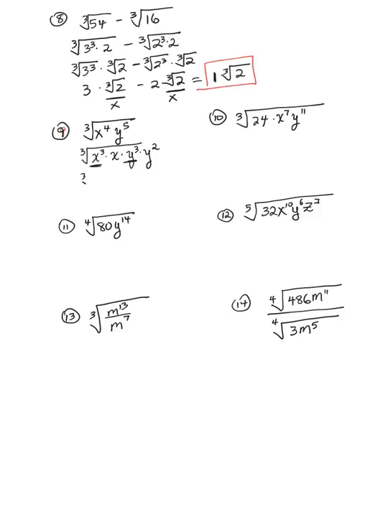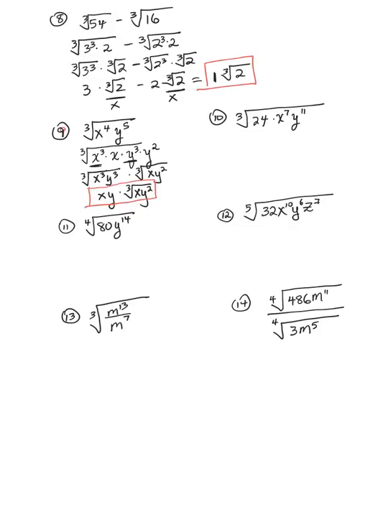Since multiplication is commutative, we could write the cube root of x cubed y cubed times the cubed root of xy squared. So the answer is just xy times the cubed root of xy squared. And this would be considered simplest radical form.